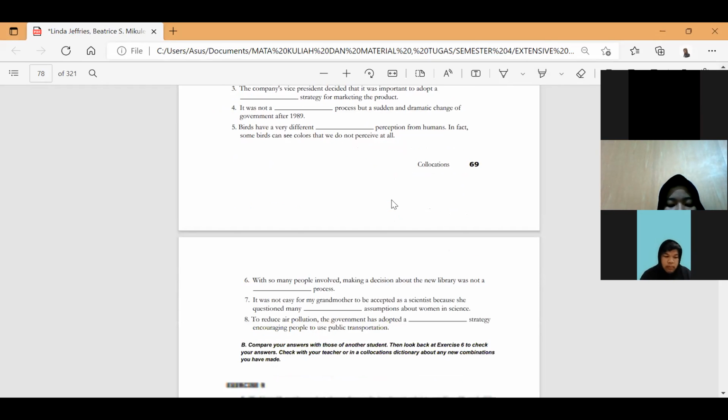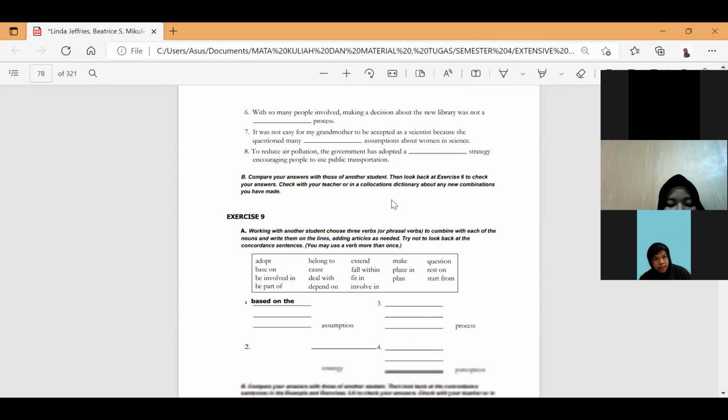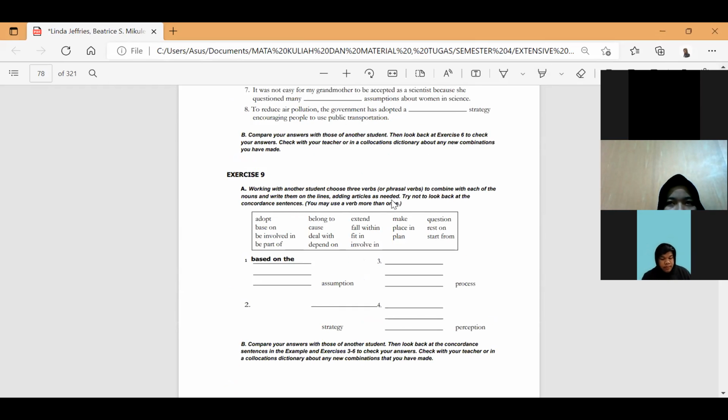And then we're going to move into exercise 9, working with another student also. Choose 3 verbs or phrasal verbs to combine with each of the nouns and write them on the lines, adding articles as needed. Try not to look back at the concordance sentence. So who wants to answer exercise 9?